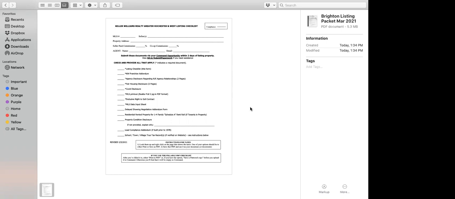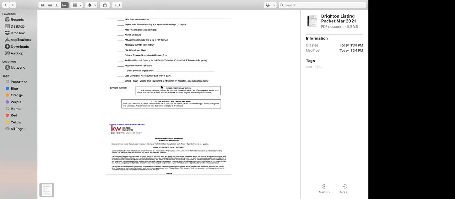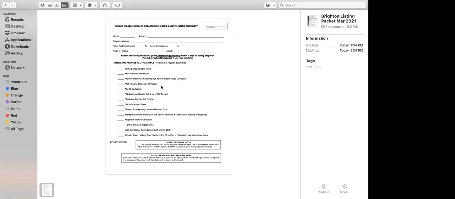Okay, perfect. All right, so we're going to start with this page here. This page is the cover sheet to the listing contract. When you hand in a listing, you want to make sure that you have all of that applied on this sheet.